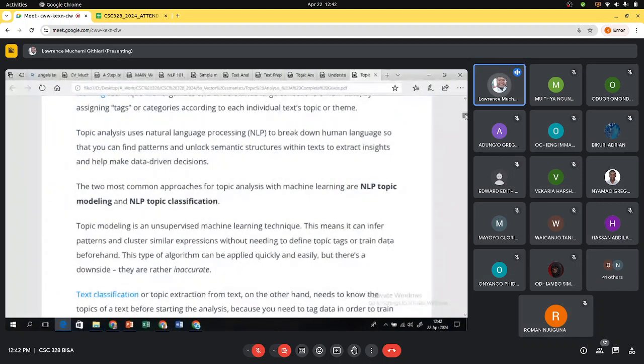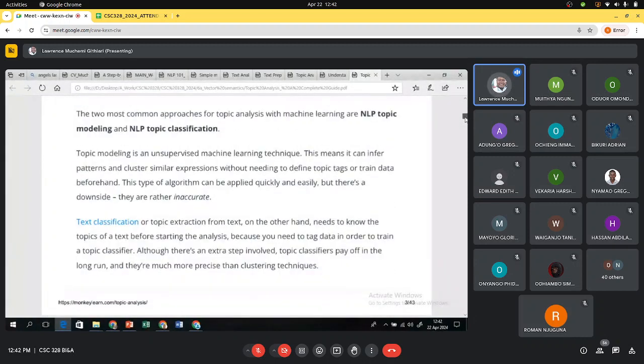So the two most common approaches, with machine learning, are topic modeling and topic classification. Topic modeling is an unsupervised machine learning technique.